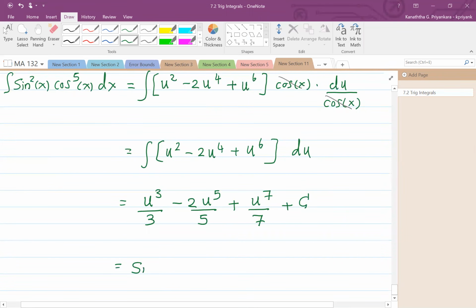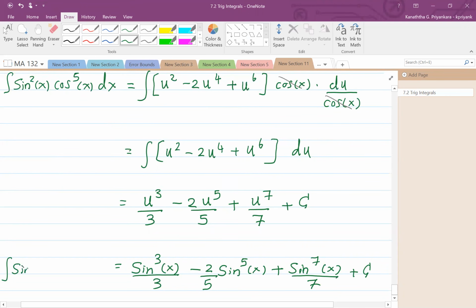So this would be sine cubed x over 3 minus 2 over 5 times sine to the power 5x, plus sine to the power 7x over 7, plus the constant c. So that would be the integral of sine squared x cosine to the power 5x dx.